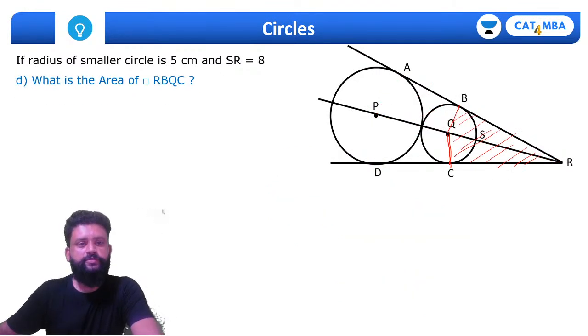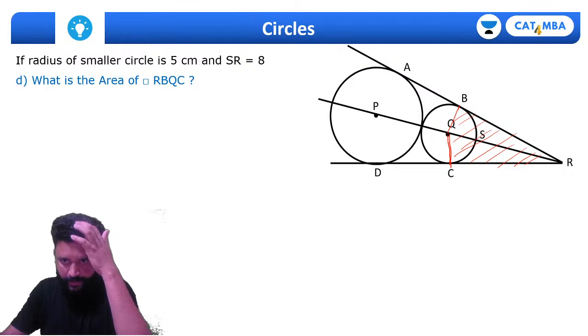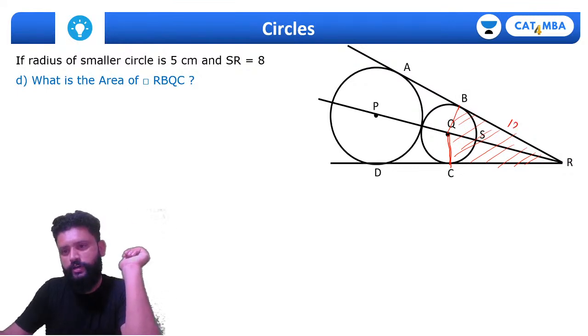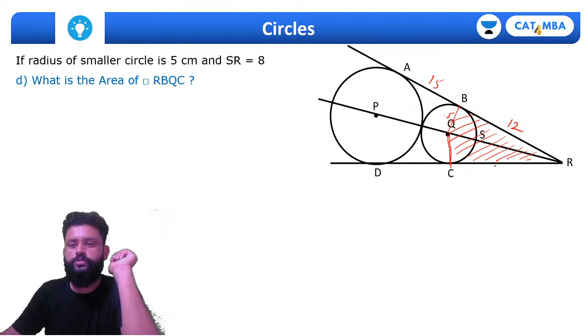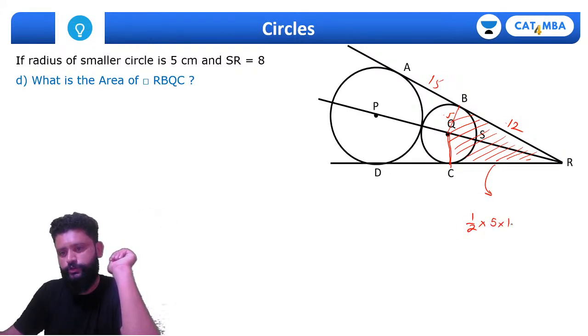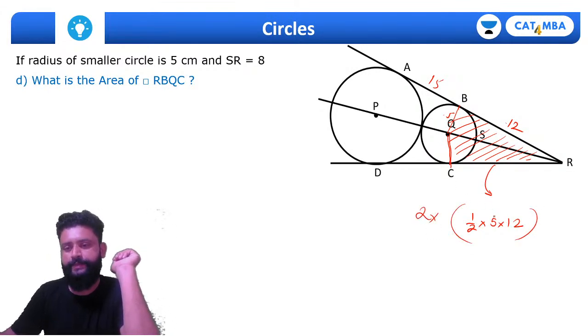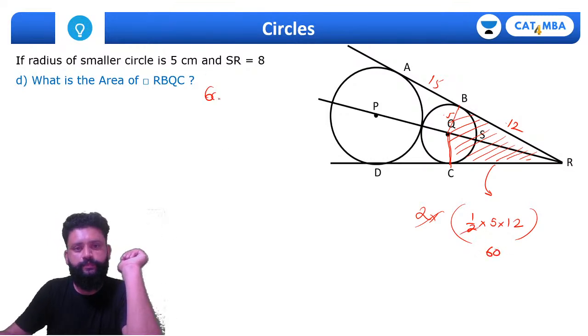Then let's finish this. Area of RBQC, that's very simple now because we know this is 12, this is 15, this is 5. So area of this triangle is 5 into 12. Half into 5 into 12, and we have to double it because there are two triangles here. That comes out to be 60.